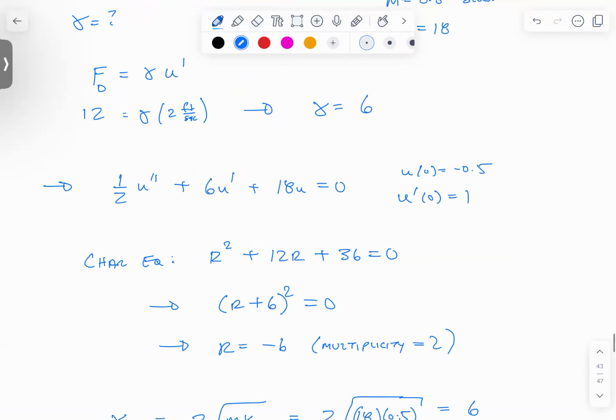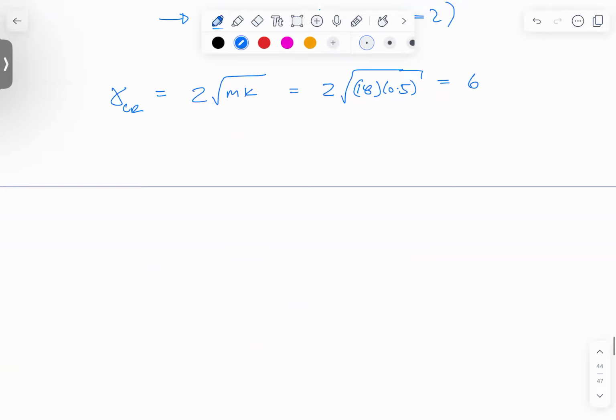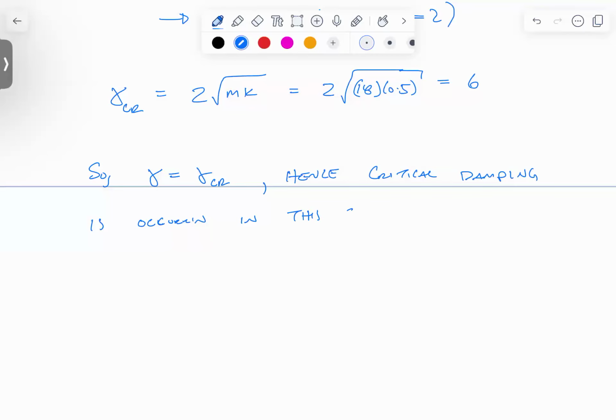The damping coefficient for this problem is 6. Hence, critical damping is occurring in this situation.